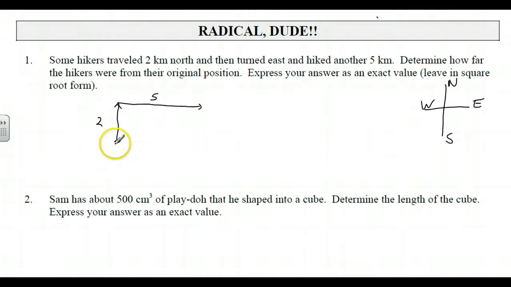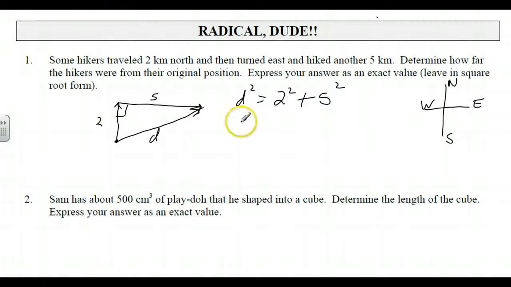Which means leaving it in square root form, and we remember that from measurement. So what we're going to do is draw the straight line as the crow flies. The crow flew from here to here. Let's call that d for the distance, so we know that d squared is equal to, since north and east are 90 degrees apart, all of the cardinal directions, 2 squared plus 5 squared.